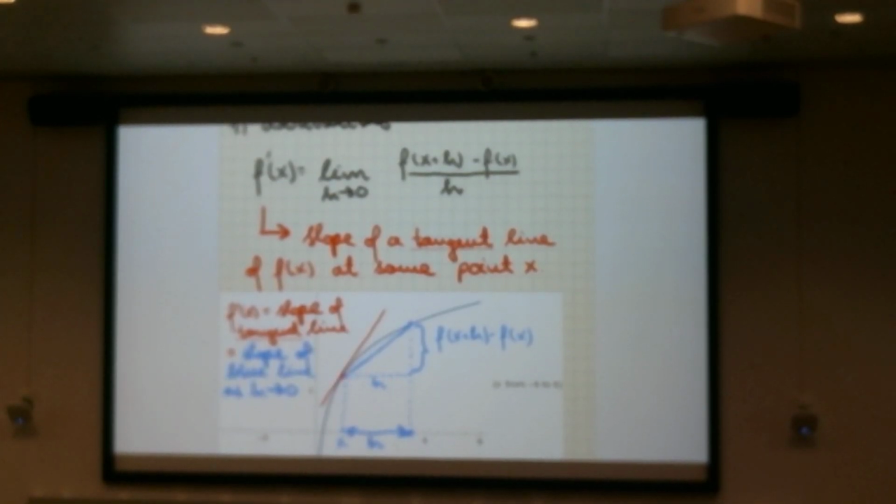You can imagine that I'm moving from here back to x. And then this blue line starts rotating and it becomes more and more similar to the red line, the tangent line. So indeed, the slope of the tangent line, the red line, which is the derivative, is basically the slope of the blue line when h is very, very small, when in the limit it is 0.